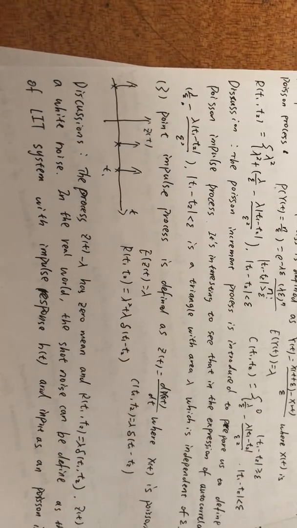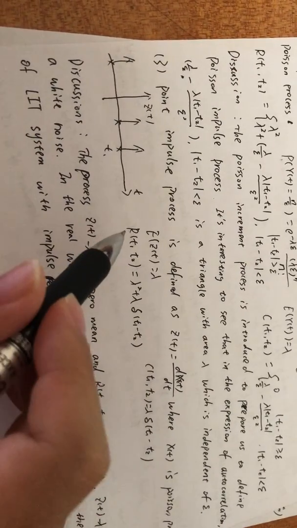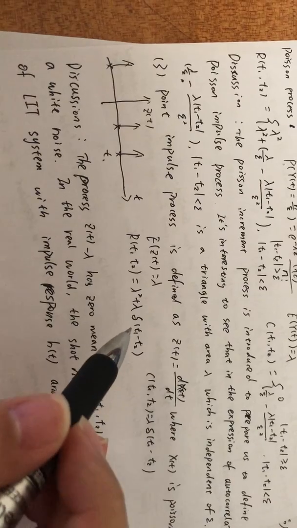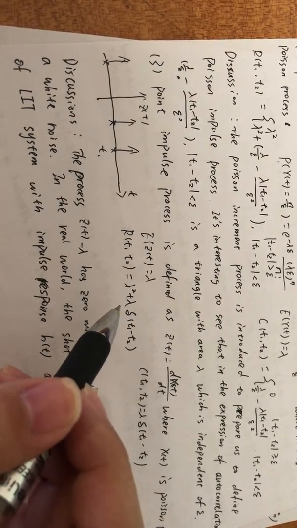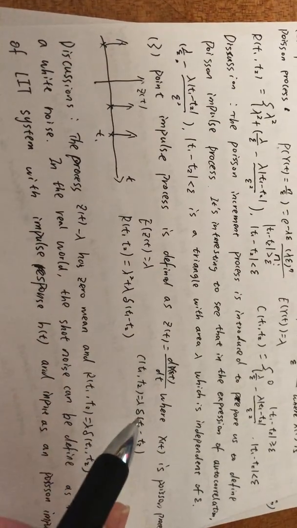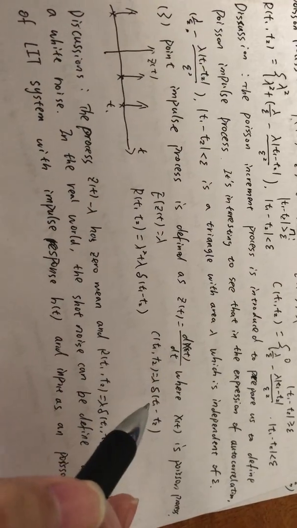We have the mean of z(t) equal to gamma, and the autocorrelation equal to gamma square plus gamma times the impulse function delta(t1 minus t2), and the autocovariance equal to gamma times delta(t1 minus t2).